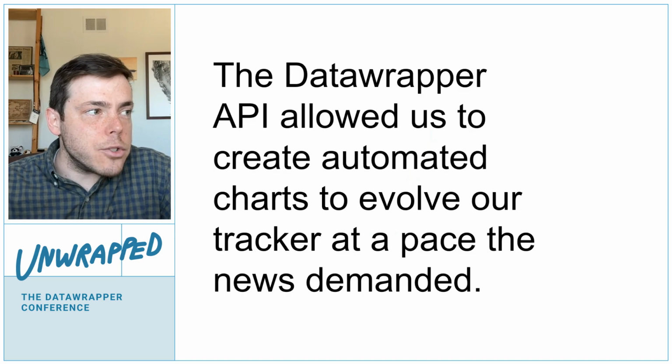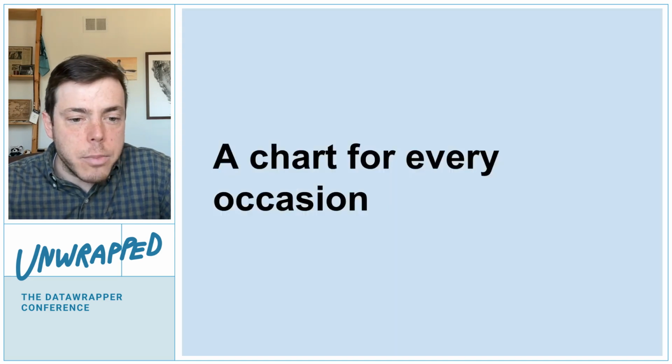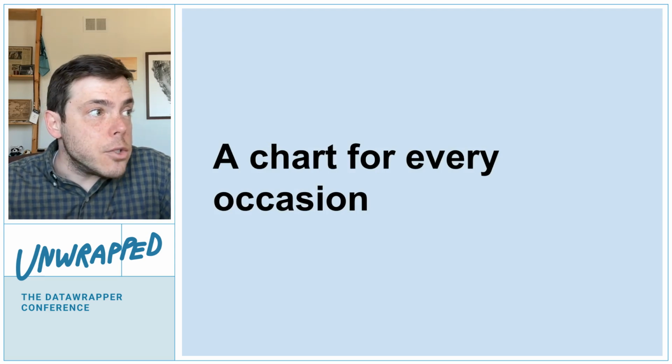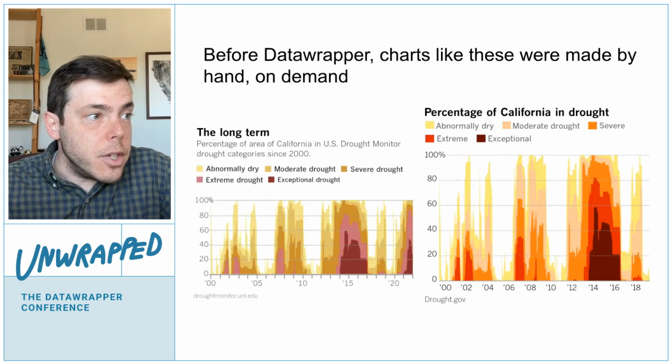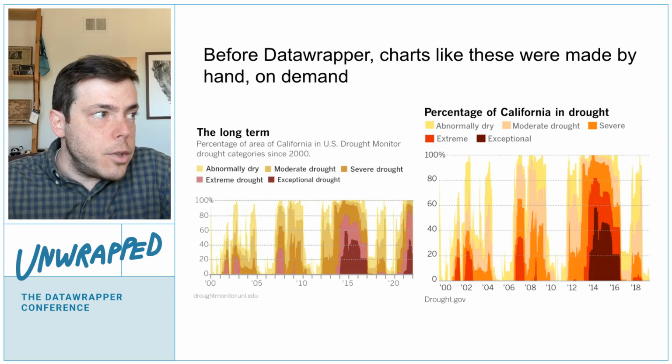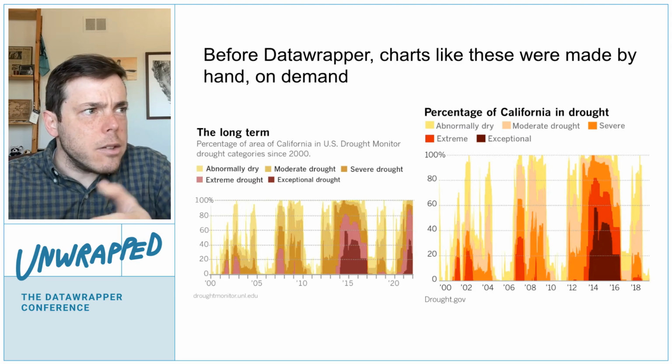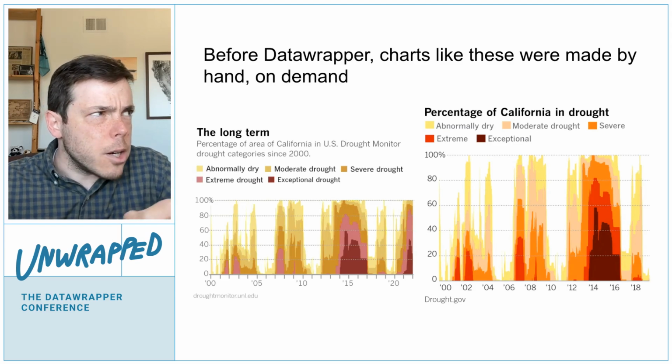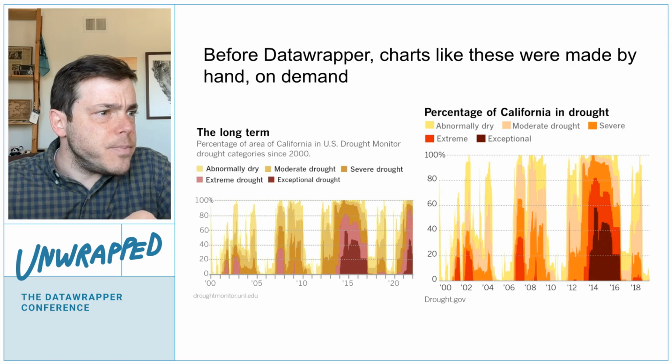So, a chart for every occasion. This just means once you've made an automated chart, it's there, it's ready. So, for example, these are the U.S. Drought Monitor graphics showing the percentage of the area in various levels of drought in California over the years. And these two charts were made by hand by one of our graphics reporters.